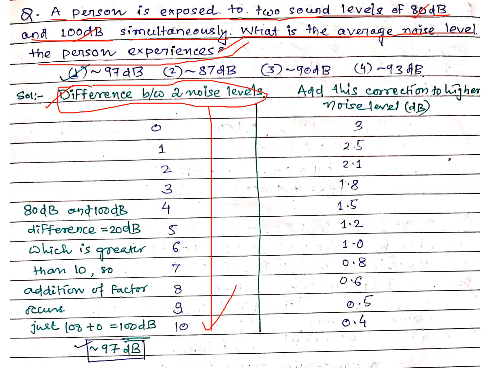If we have a difference of 0 between the two sound levels, we will add 3 to the higher level.